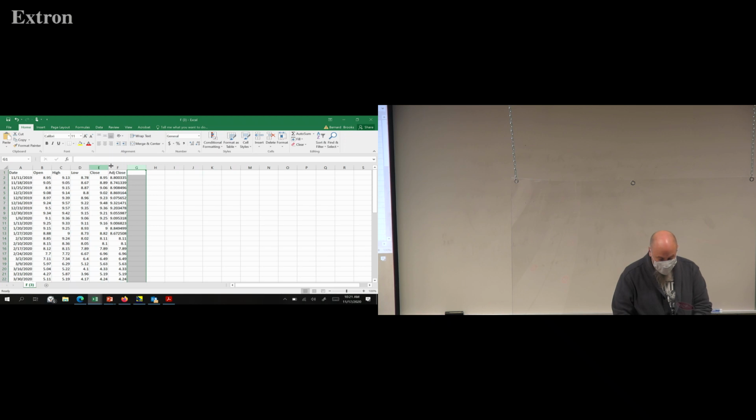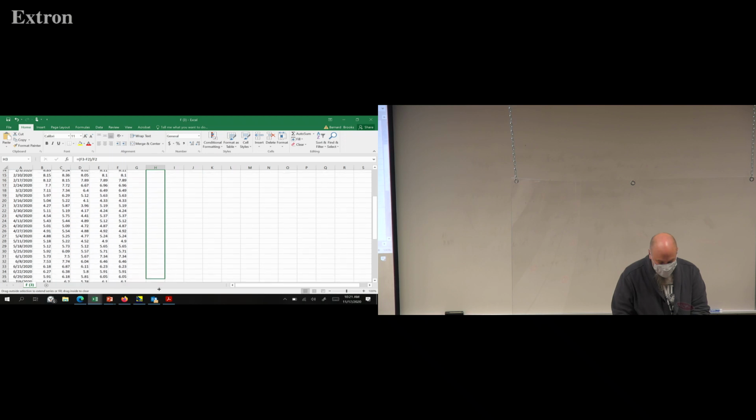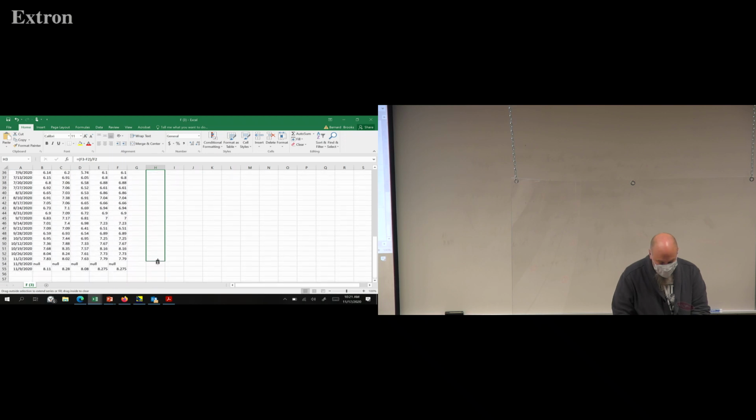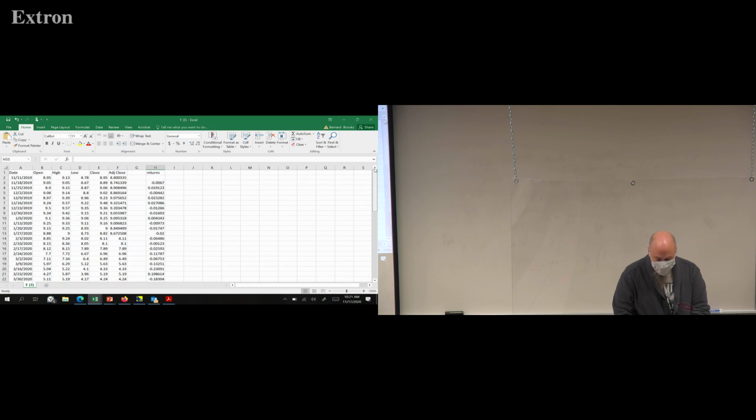So if I do the returns here, these are weekly returns over a year.